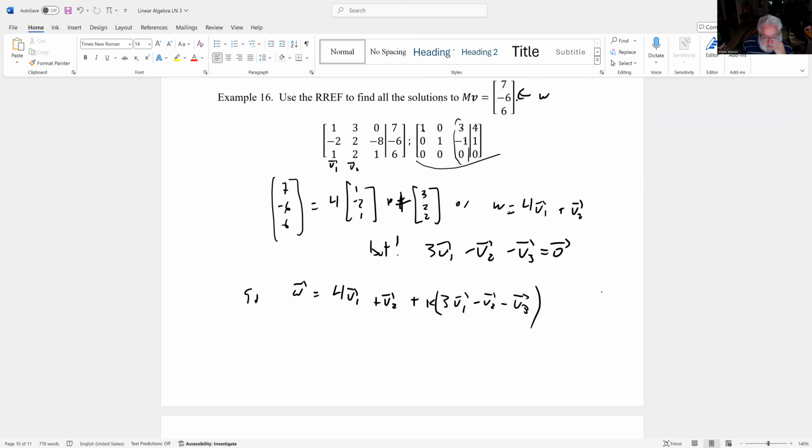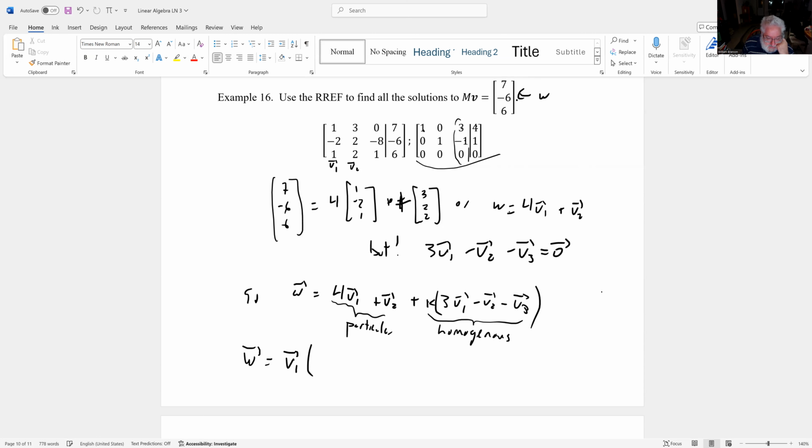And we can think of this again, if we wanted to, as being a particular solution, and this being homogeneous. And again, we'll see that in next week's videos, but also you can regroup by vectors.